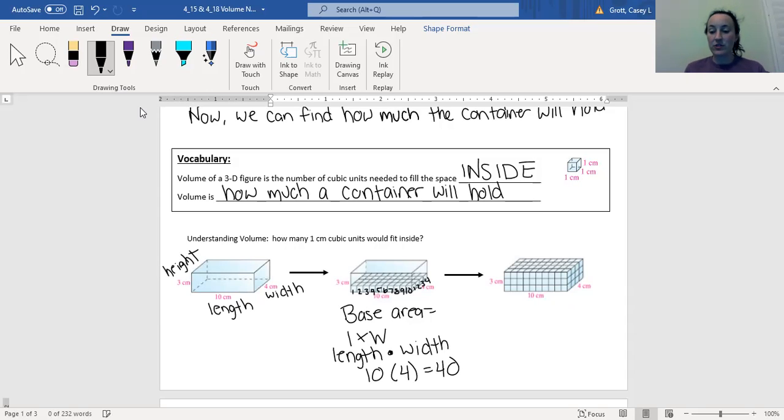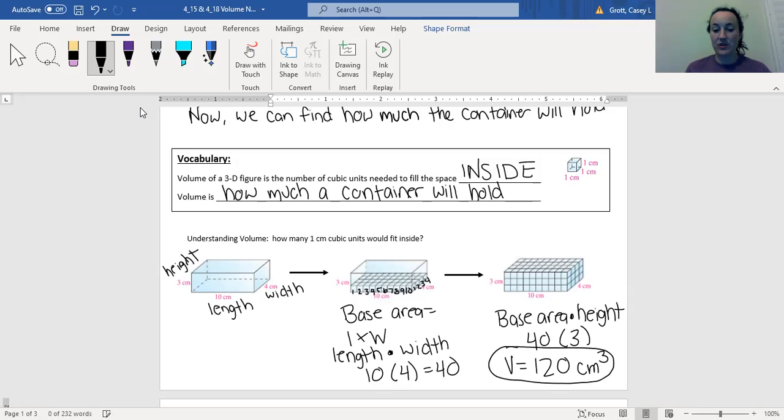There are 40 little cubic units inside here. But then we took our 40 and we multiplied it by our height. We took our base area times our height. So we did 40 times 3 to get volume to be 120 centimeters cubed.